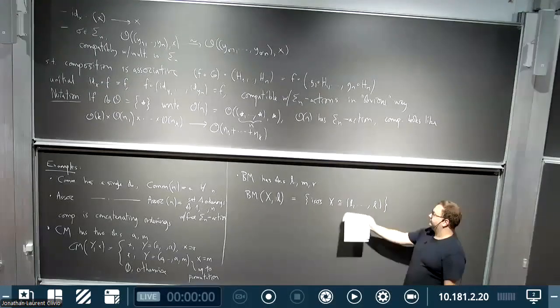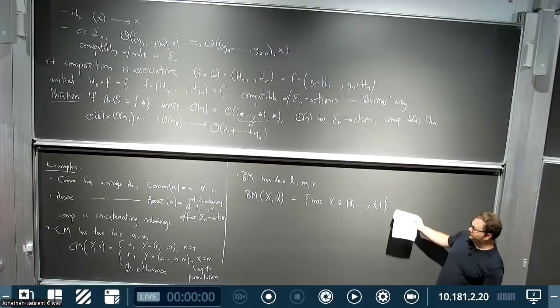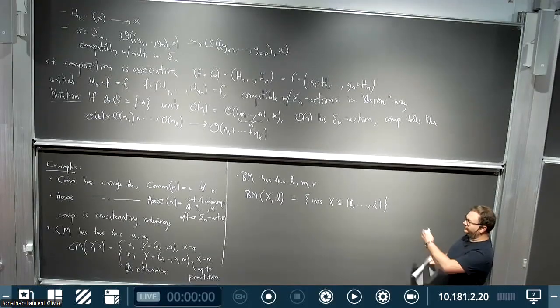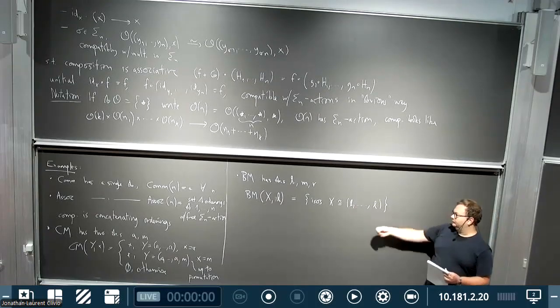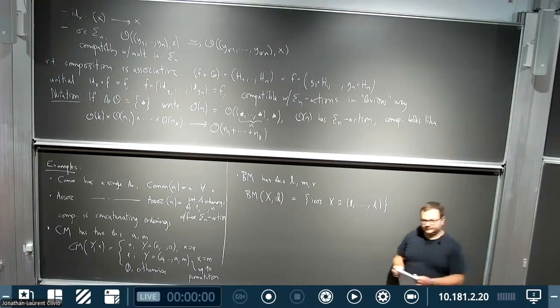If X is not of this form, there are no operations, and if it is of this form, we get a free action on all the possible ways of ordering the list.